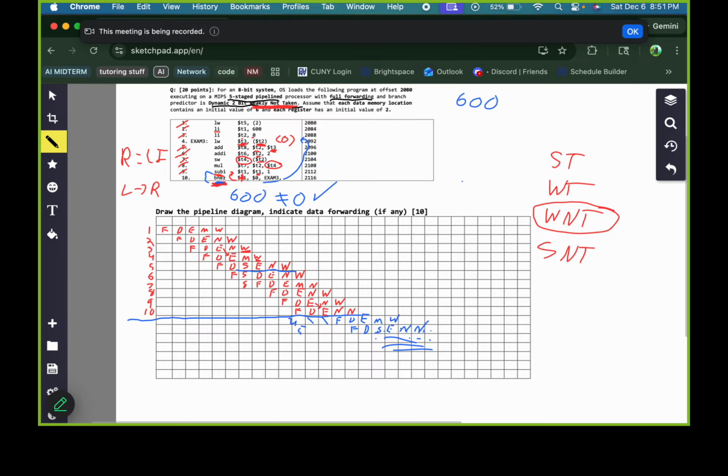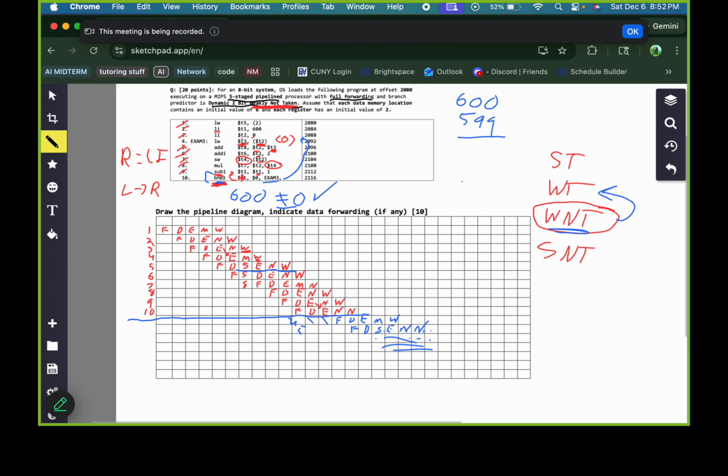So we know that the first time that this runs, I'm at weakly not taken. Tells me don't take the branch. But guess what? The branch predictor was wrong. This means my branch predictor is going to change to become weakly taken. And this is going to be correct for the next loop, right? Because the next loop is going to be 599, which is still not equal to 0. So I do it again, right?